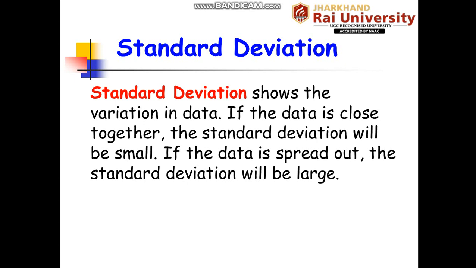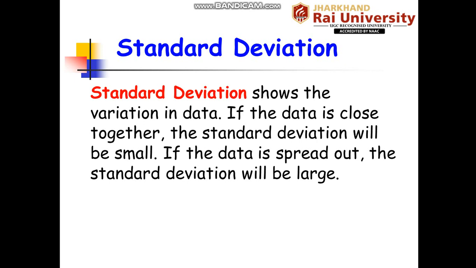It means that the data are close together, for example the mean is 5 and the data are close, such as 2, 3, 4, 6, 7. But spread out data means the first value is 1, then 2, 3, and we also have data such as 75, 80, 85.